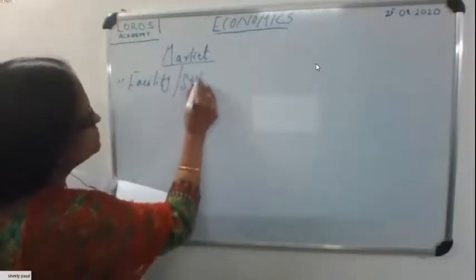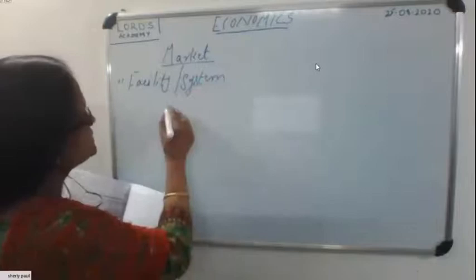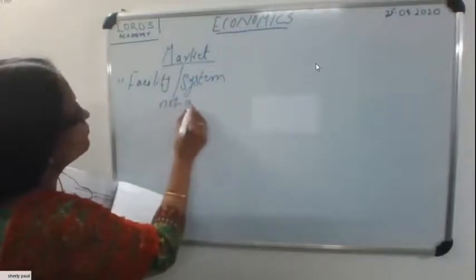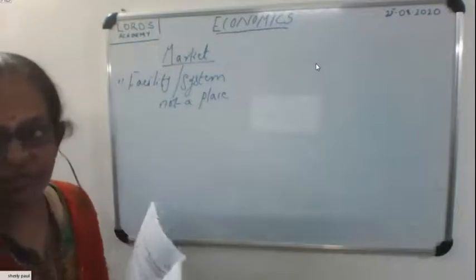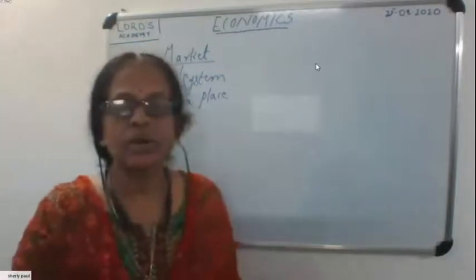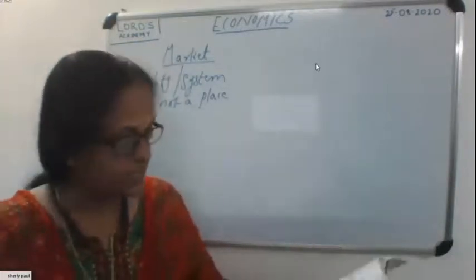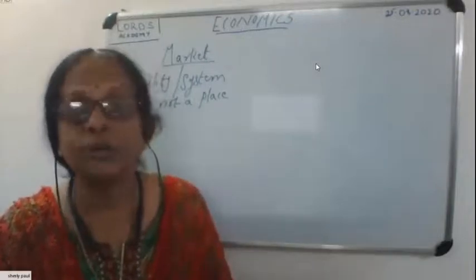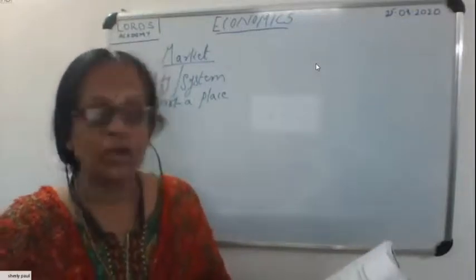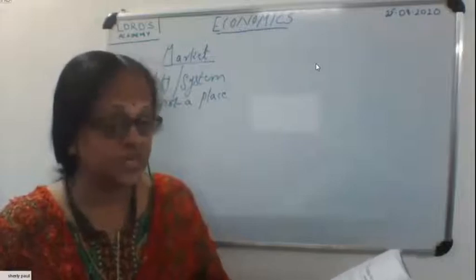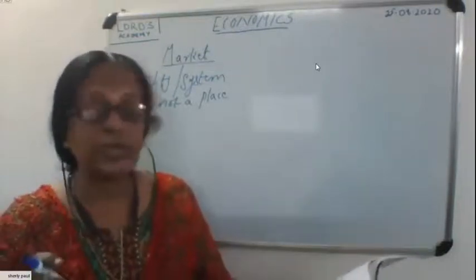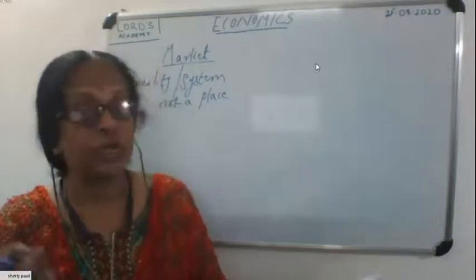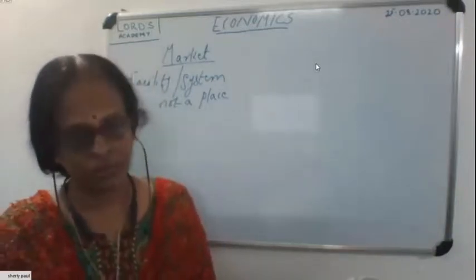When we say I am going to market, in our mind there is a place where we are going. But in economics, market is not just like that. Market doesn't mean a particular place or locality. It means a facility or system which helps buyers and sellers of a commodity to interact to decide about the quantity and price of the commodity.